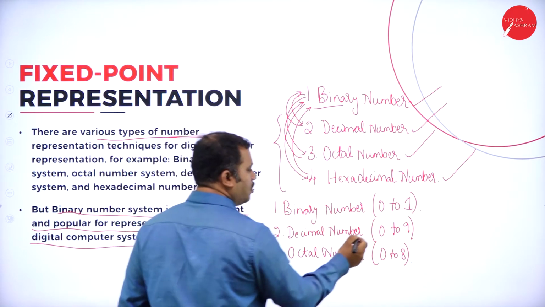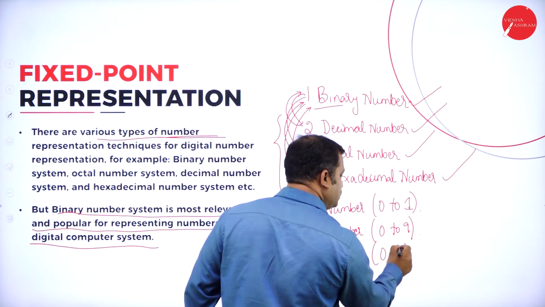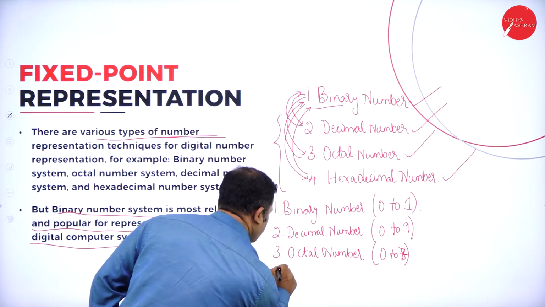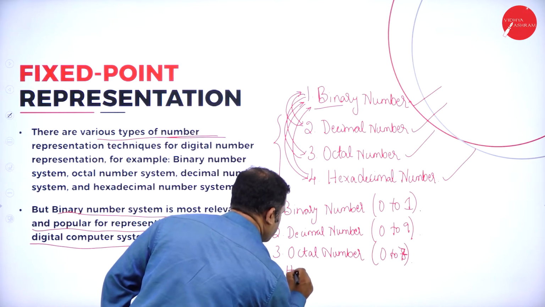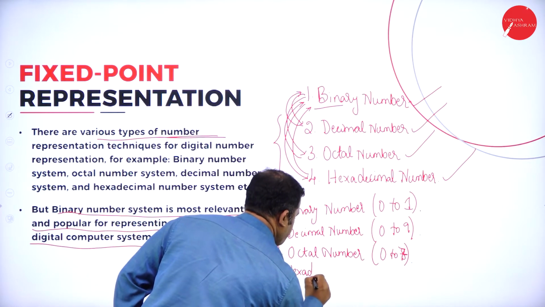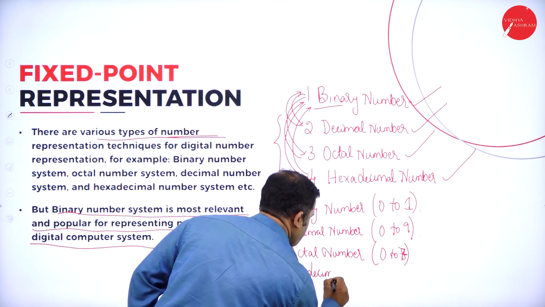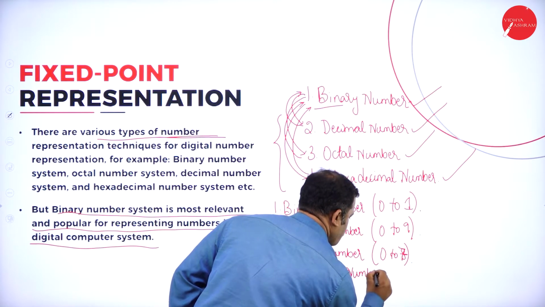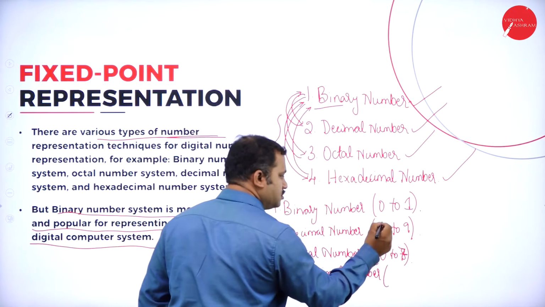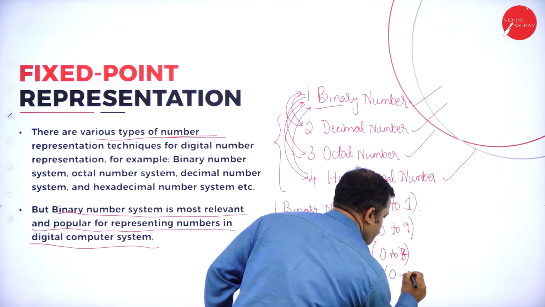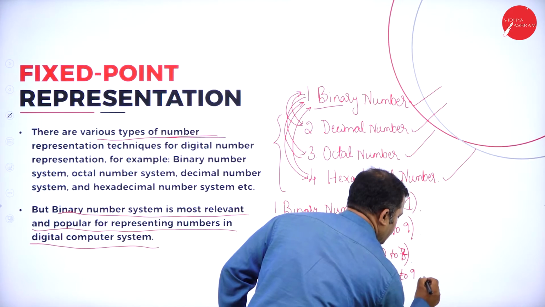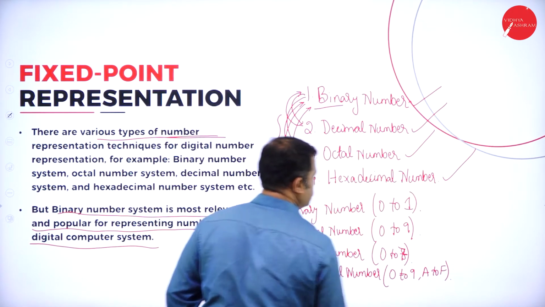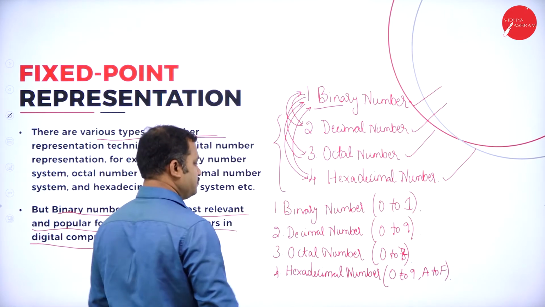Octal, or in this case 0 to 7, means 8. So let me represent it as 0 to 7. Fourth, the hexadecimal number system, that is 0 to 9, then A to F is used to represent the numbers.